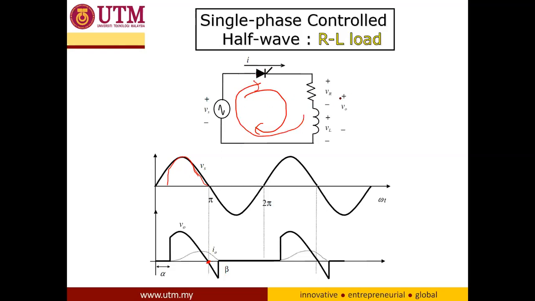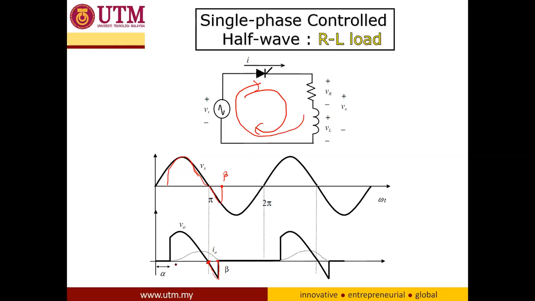So right now V out is still connected to Vs, so the V out waveform still follows the voltage waveform of Vs until the position of beta, where suddenly V out is 0. This happens when the energy inside the inductor is totally discharged.